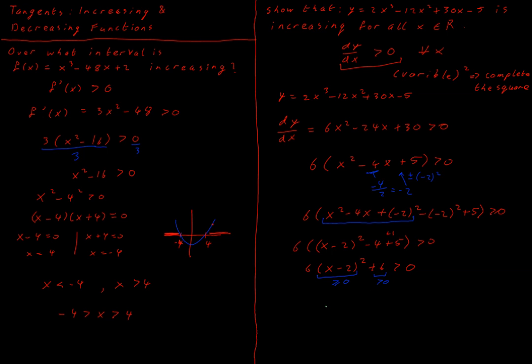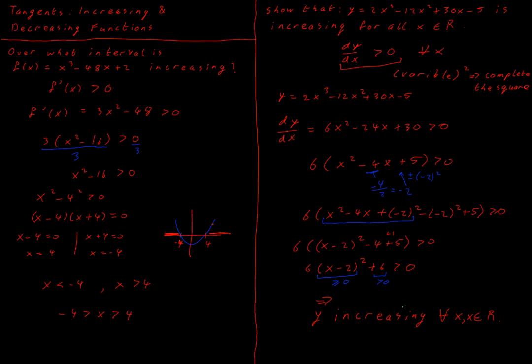So at the end of a question like this, we are going to write down that we understood what we were doing, because this is essentially a proof. For all values of x, where x is an element of the real numbers.